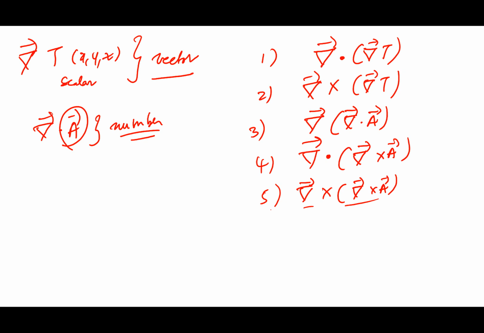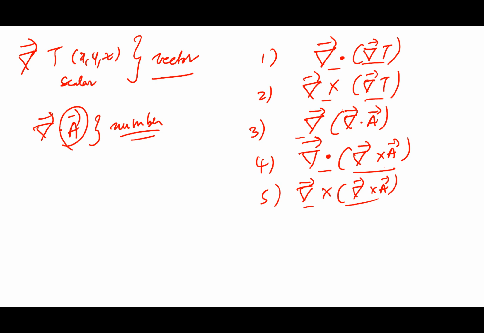Again, going over that, T is a scalar field, gradient T gives you a vector, and the divergence is a scalar. So you can take the divergence of the vector field or curl of the vector field which comes from the gradient, or you can take the gradient of the divergence, or the divergence of the curl, or the curl of the curl, right?